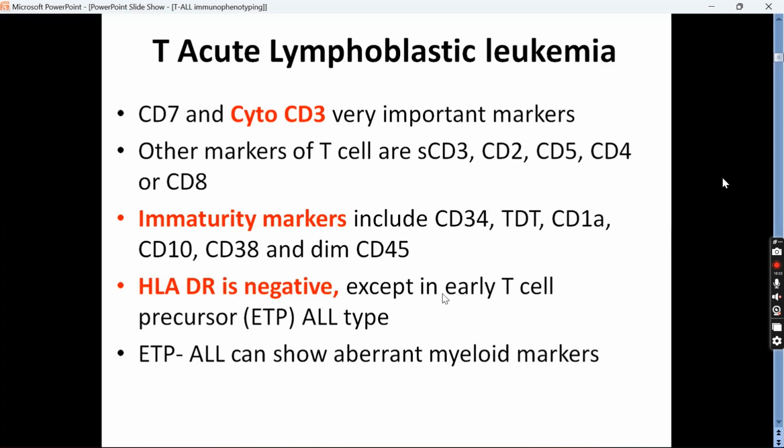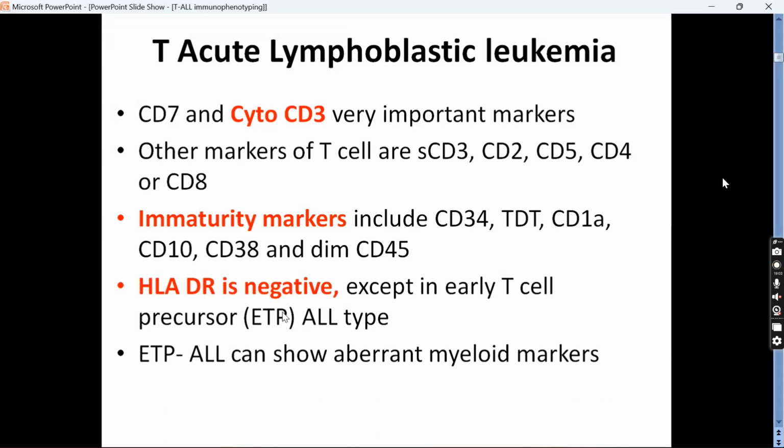It is a very early T cell precursor ALL, which can show HLA-DR expression. ETP-ALL can show aberrant myeloid markers, because ETP-ALL is a T-ALL arising from the very early progenitor. At that time it can show myeloid markers and HLA-DR, and later as the cells mature, they will lose the myeloid markers and get committed more towards T cells.